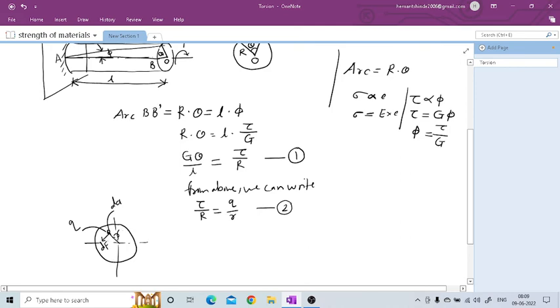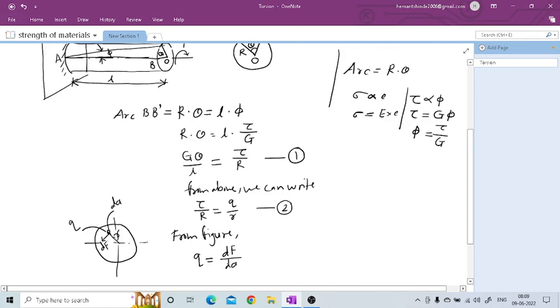Now from this cross section, from the figure, we can write the shear stress produced here is equal to, now stress is equal to force divided by area.